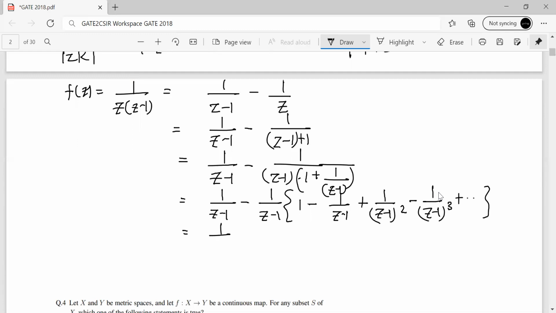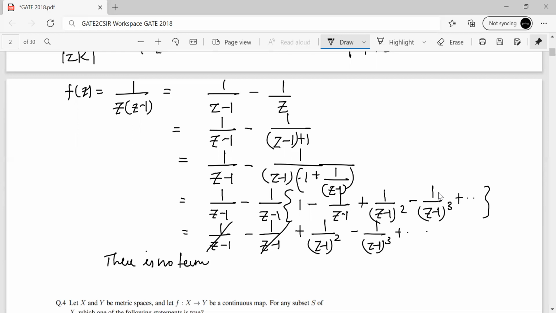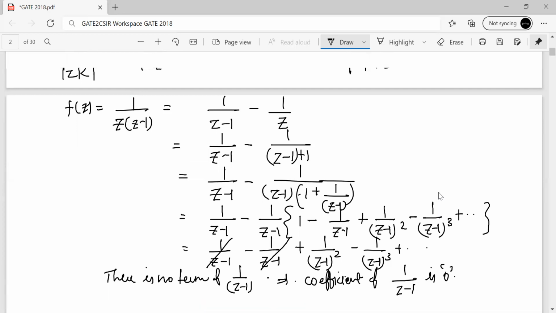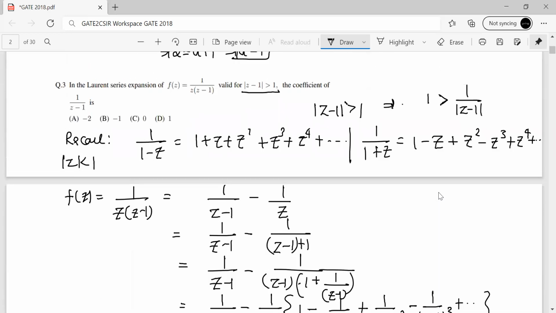And if you notice, 1 over z minus 1, and minus 1 over z minus 1 plus 1 over z minus 1 square, minus 1 over z minus 1 cube and so on, so this term gets cancelled. That means there is no term of 1 over z minus 1. So the coefficient of 1 over z minus 1 is 0. So option C will be true.